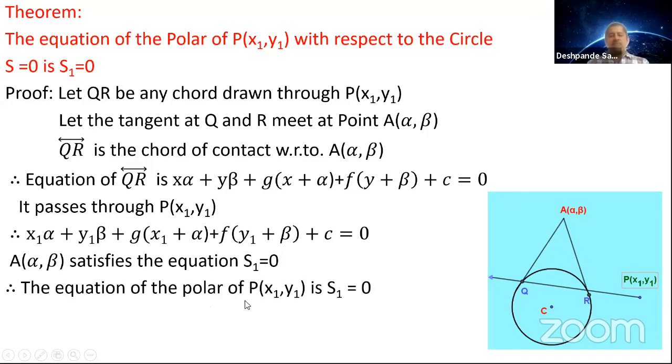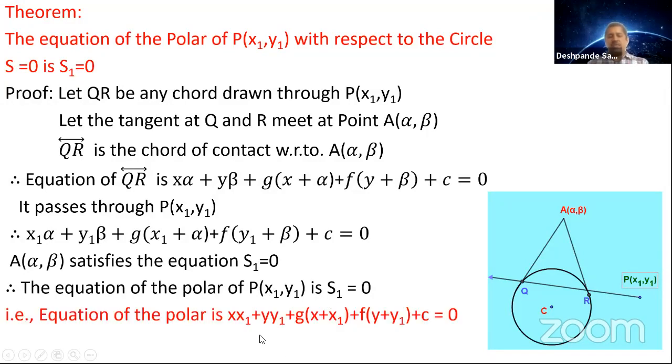So A(alpha, beta) satisfies the equation S1 = 0. So the equation of the polar of the point P(x1, y1) is S1 = 0. What is S1 = 0? x x1 plus y y1 plus g times (x plus x1) plus f times (y plus y1) plus c is equal to 0. So what is the procedure you have followed here? First of all, you have taken the equation of chord of contact from the point (alpha, beta). You got an equation like this.